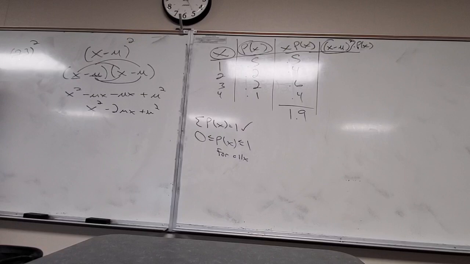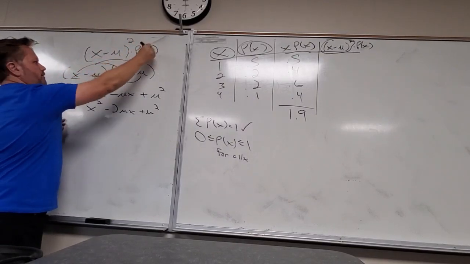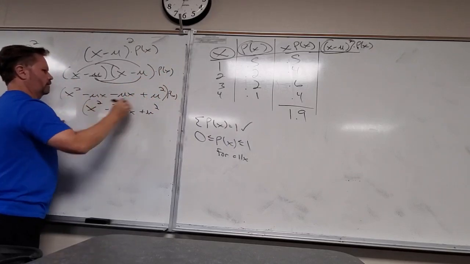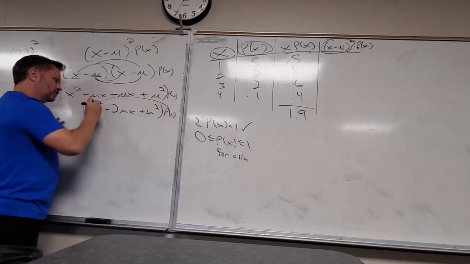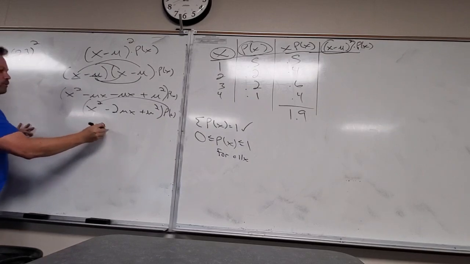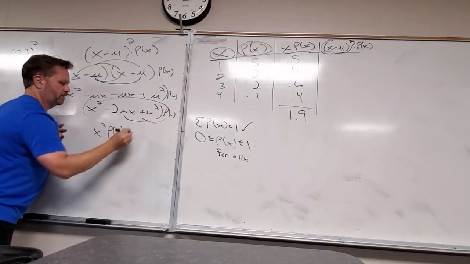And isn't this being multiplied by p of x? So if I distribute this, the very first thing I get is x squared p of x, correct? And I get other terms, don't I?